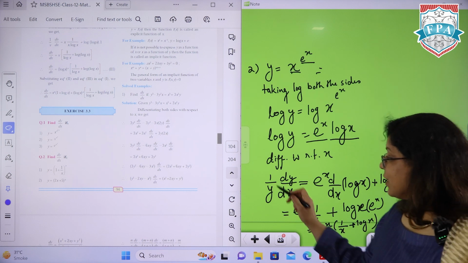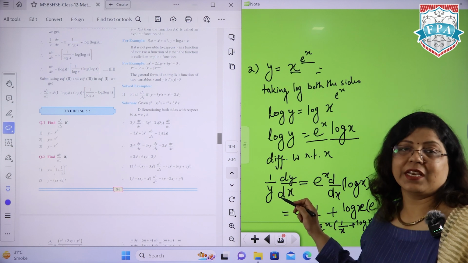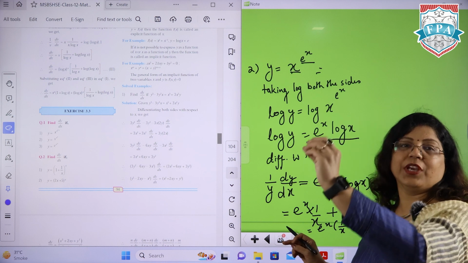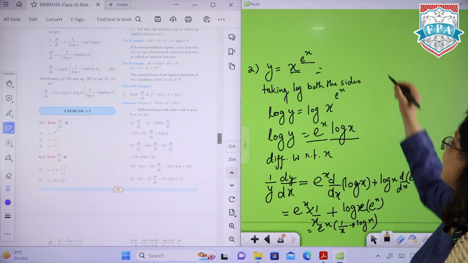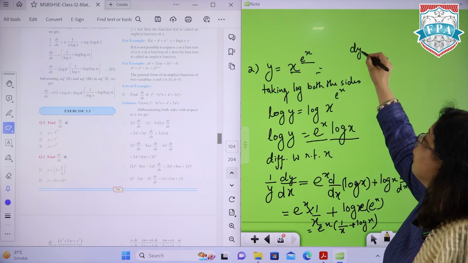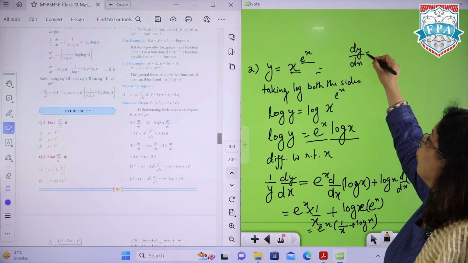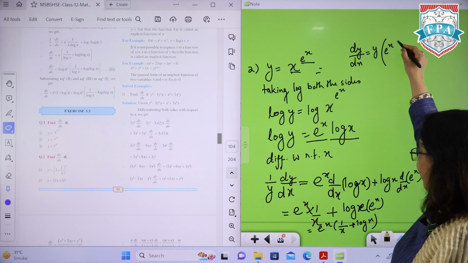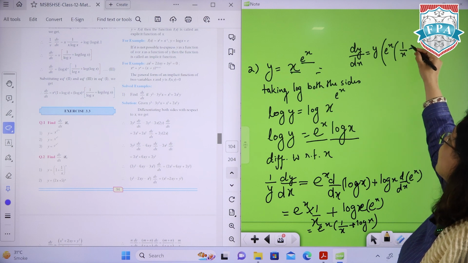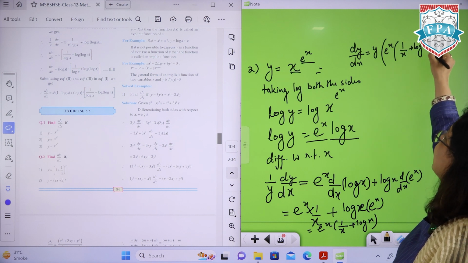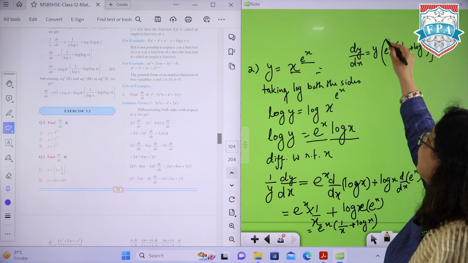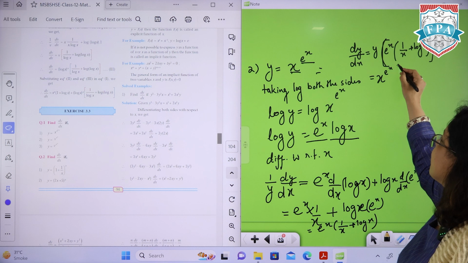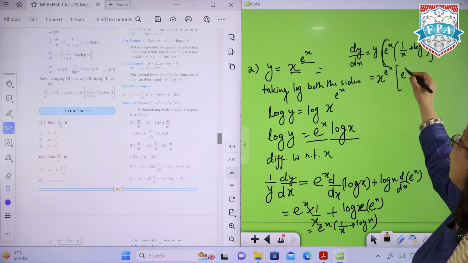No, because it is 1 upon y dy by dx. So if you want to come to dy by dx, switch y to the other side. So final answer will become dy by dx is equal to y, and in the bracket e to the power x, 1 by x plus log x, and then write the value of y, that is x to the power e to the power x, substitute it to get your final answer.